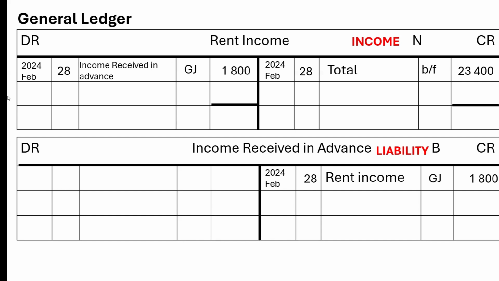Nominal accounts close off to profit and loss. So we'll add up, but the debit side is not equal to that. So I take this minus 1,800 and my profit and loss is 21,600. And this reflects 12 months of rent income.